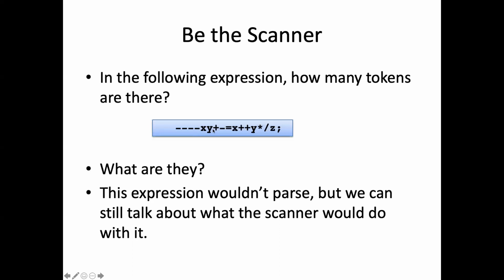So XY is the next legal token. Plus is a legal token, but plus minus isn't. So plus is the next operator. Minus equals is the next operator. X is the next legal identifier. Plus plus is a legal operator, so that's the next token. And we won't continue there, but you can use this thinking to get through the rest of these examples.